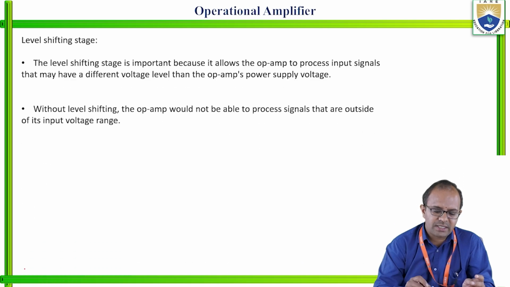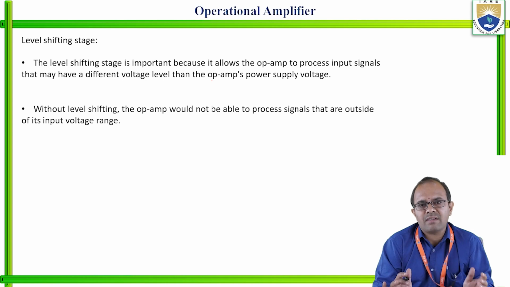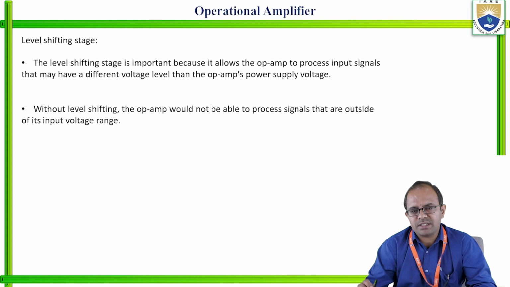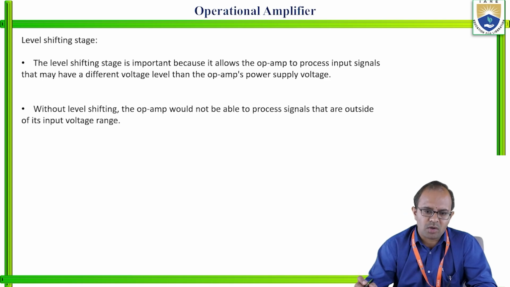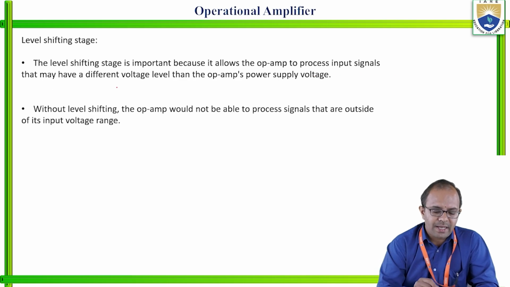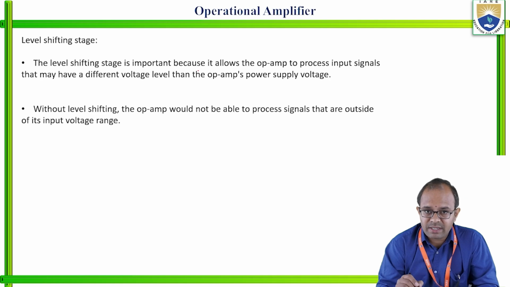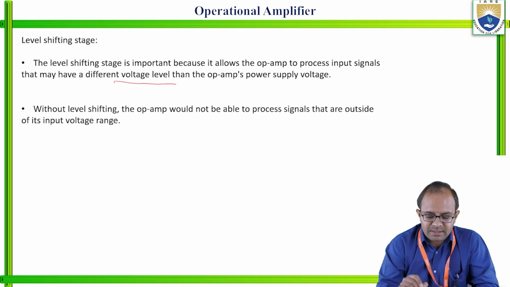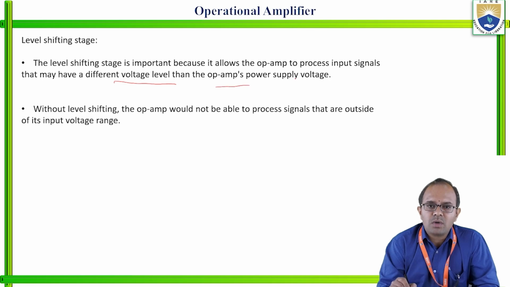And further, the level shifting stage is important. Why do we need to consider the level shifting stage in the operational amplifier block diagram? Because it allows the op-amp to process input signals that may have different voltage levels, very important, than the op-amp's power supply voltage.